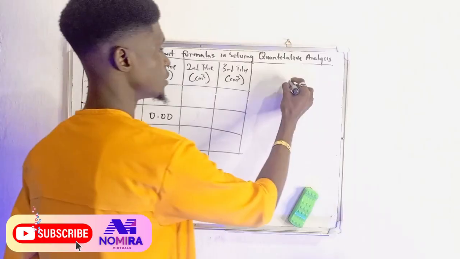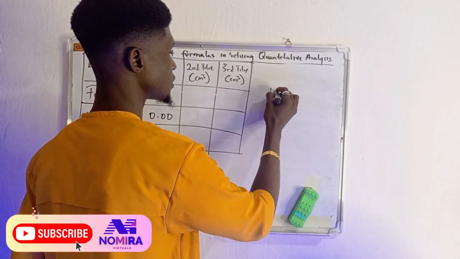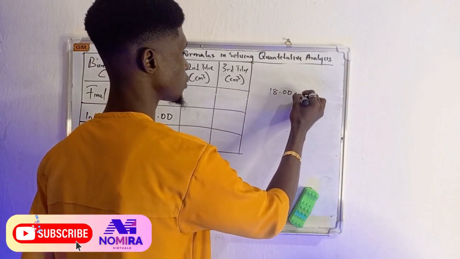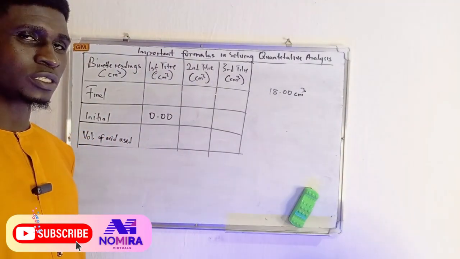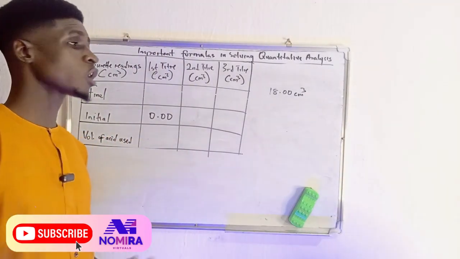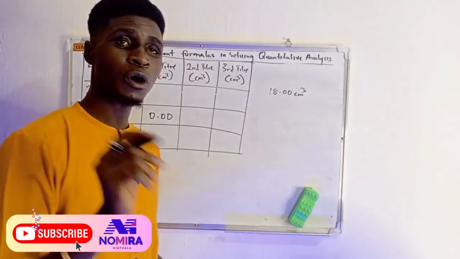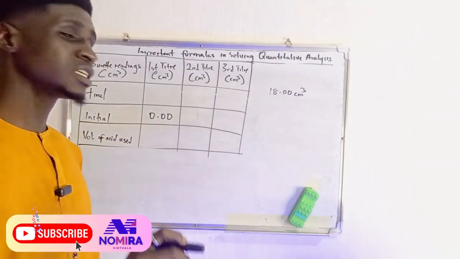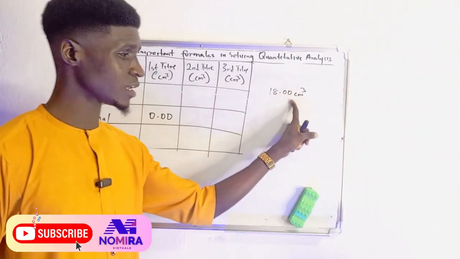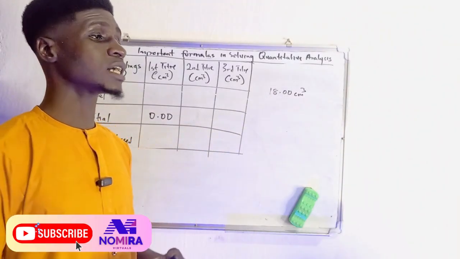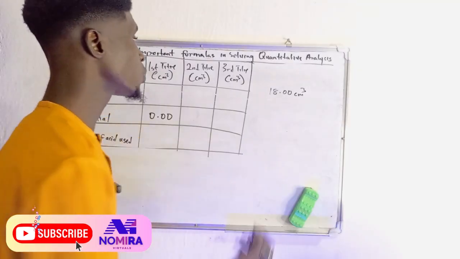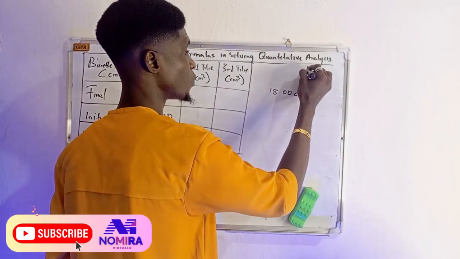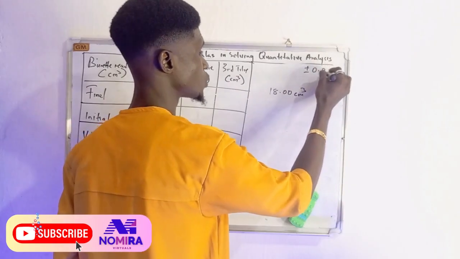If your teacher submitted, for instance, 18.00 cm cube to WAEC as his or her endpoint, you must work with this value, but it is not necessarily compulsory for you to get this value, because WAEC knows that there are limits of experimental errors. But we work within this limit of experimental error, which is plus or minus 0.2.